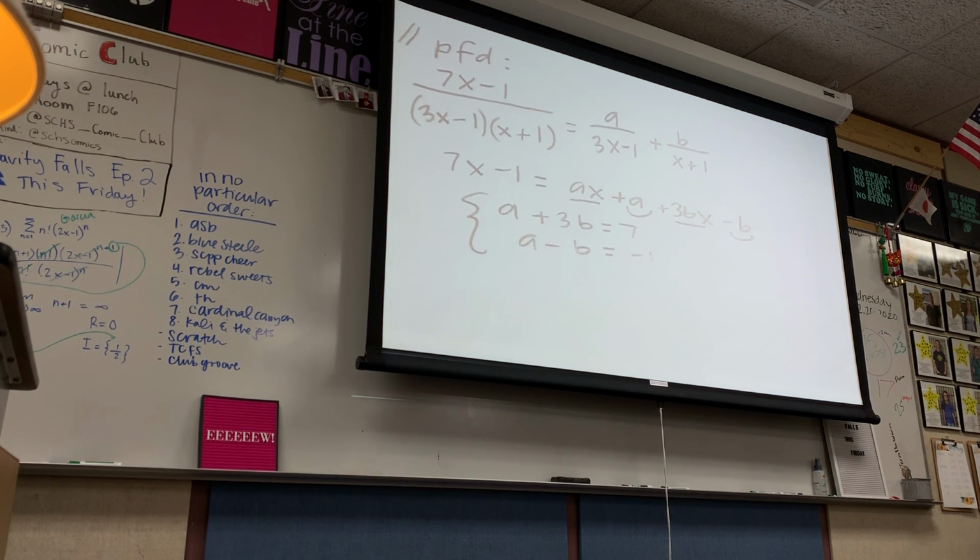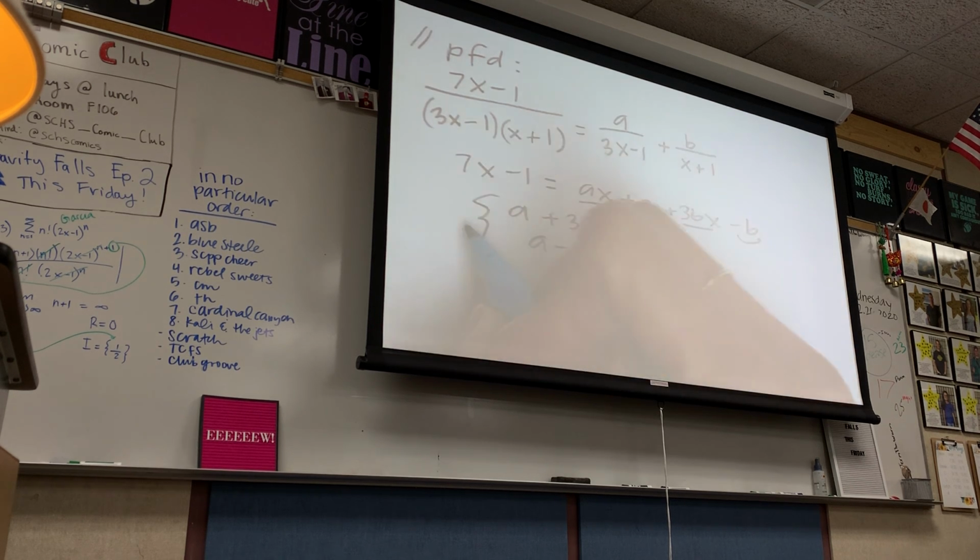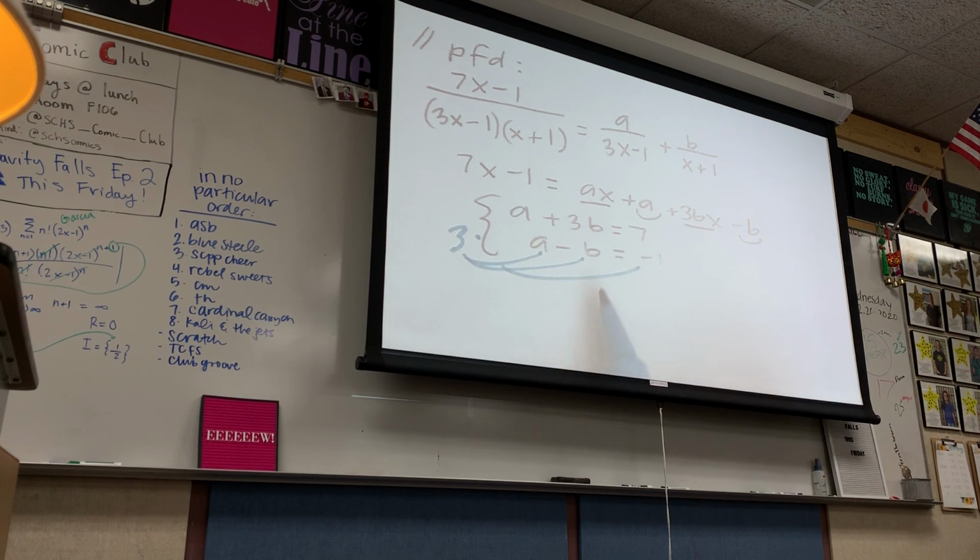All right. In order to eliminate, you need opposite A's or opposite B's. What do you guys want to times the bottom equation by? 3. Great. When you times by 3, make sure you distribute and then add down.